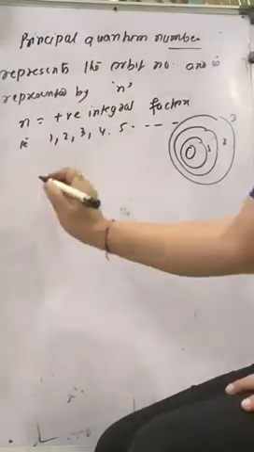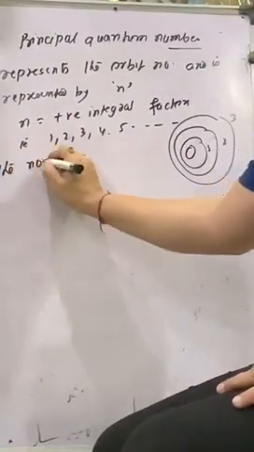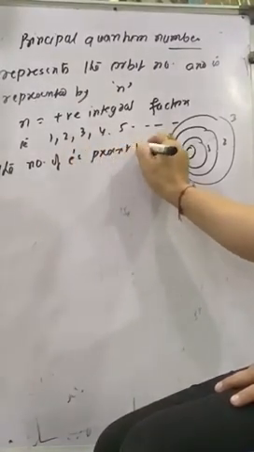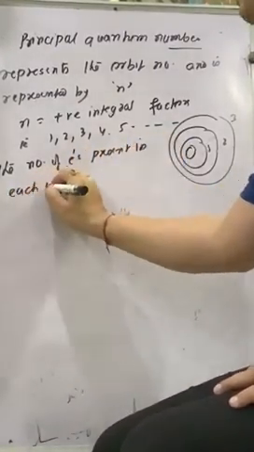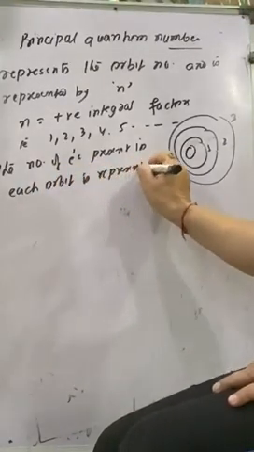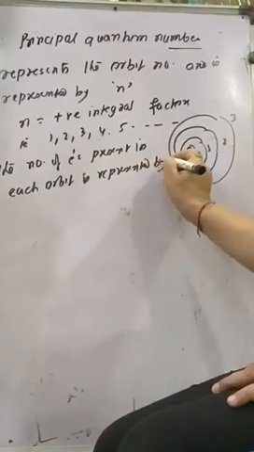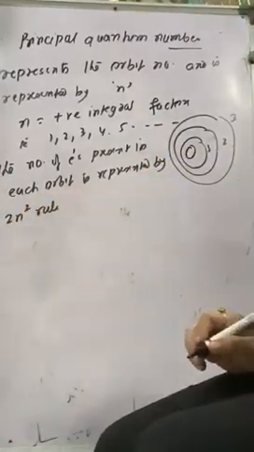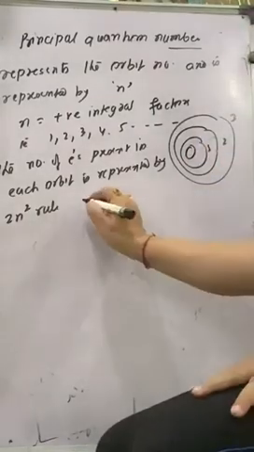The number of electrons present in each orbit is represented by the 2n square rule, where n is the number of orbit.